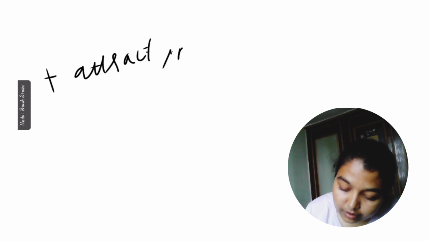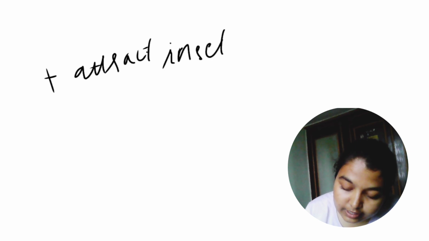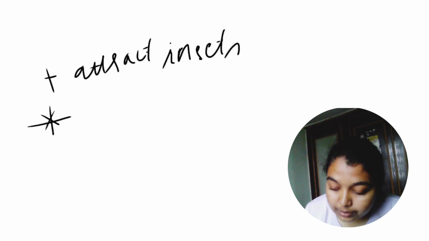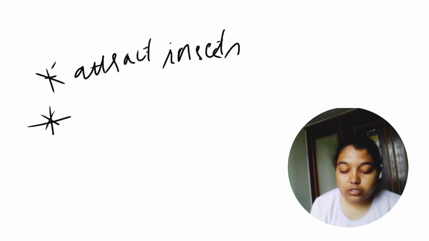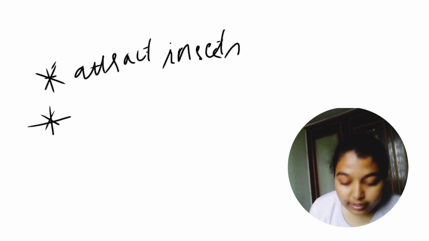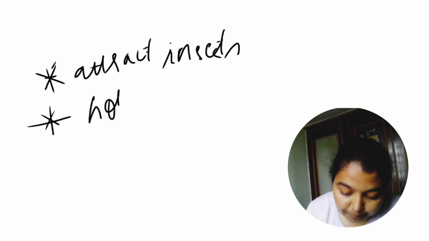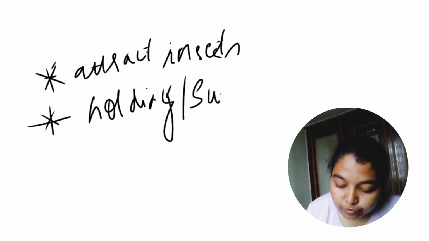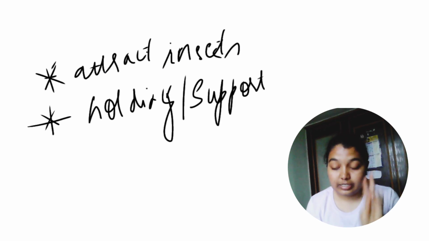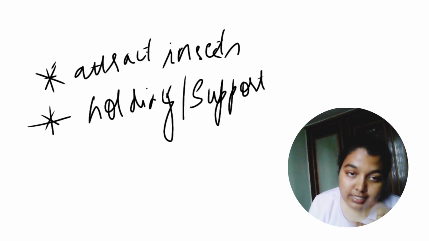The other part is that, when we talk about supporting structure or balance, they help in holding and supporting the plant. Okay, so there are two main points why petals are important.